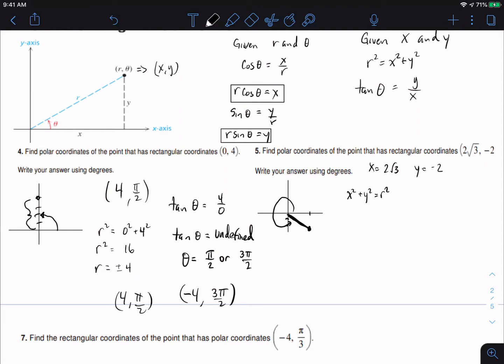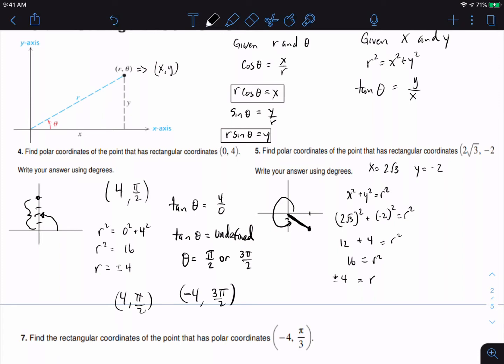And so I'm going to get 2 radical 3 squared plus a negative 2 squared is equal to r squared. So that's going to be 4 times 3 is 12 plus 4 is equal to r squared. So 16 is r squared. So r is plus or minus 4. And I'm just going to use the positive one for this first answer, okay?